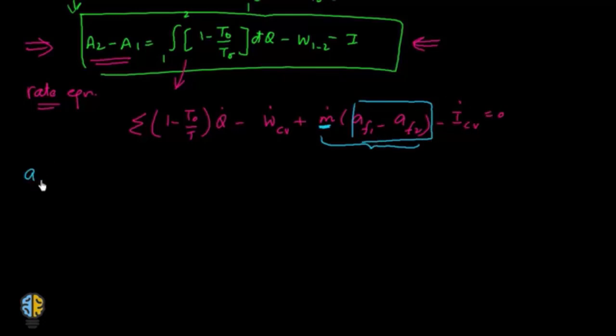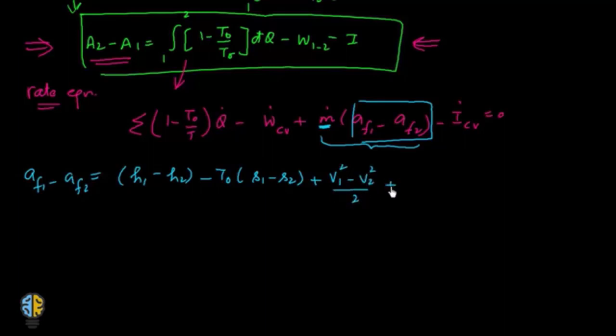So AF1 minus AF2 is equal to (H1 minus H2), that is the per unit mass enthalpy, minus T naught into (S1 minus S2), plus (V1 square minus V2 square) by 2, plus g into (Z1 minus Z2).